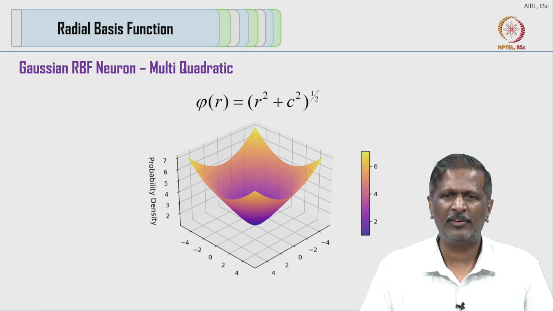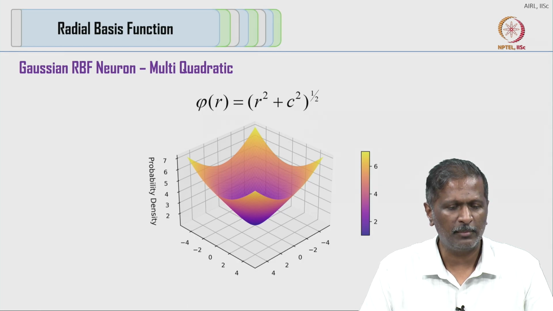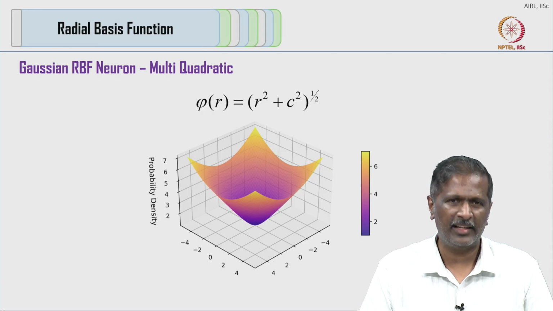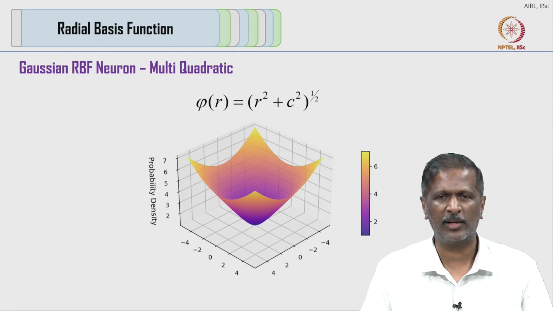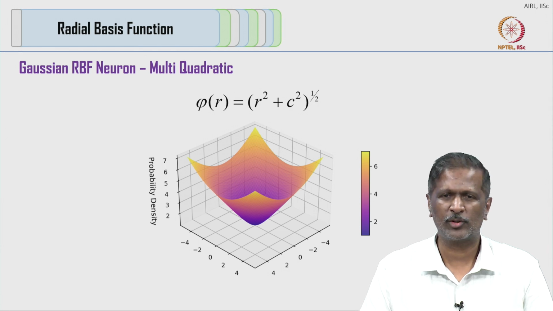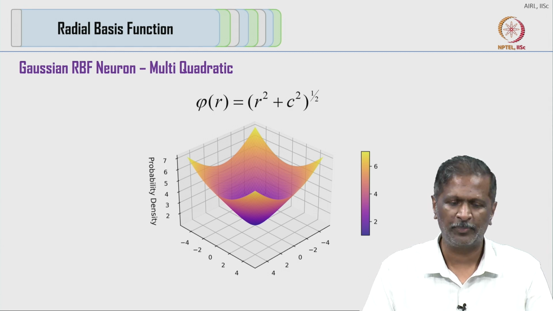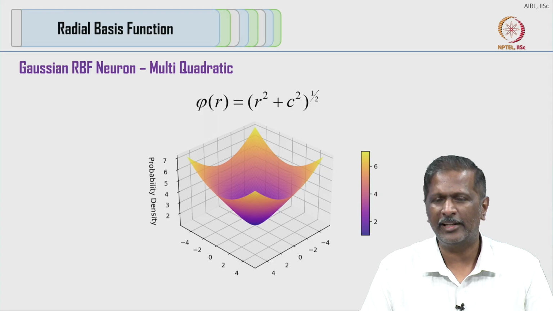Now, is that the only activation function which has a radial nature? There are many other functions one can use. For example, multi-quadratic, phi of r, where r is the activation value or input feature. If r is the input feature x, then it is x square plus c square to the power 1 by 2, or the square root of x square plus c square. It is a multi-quadratic function.